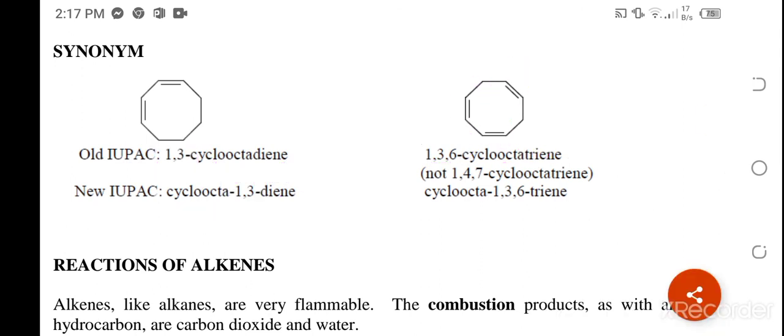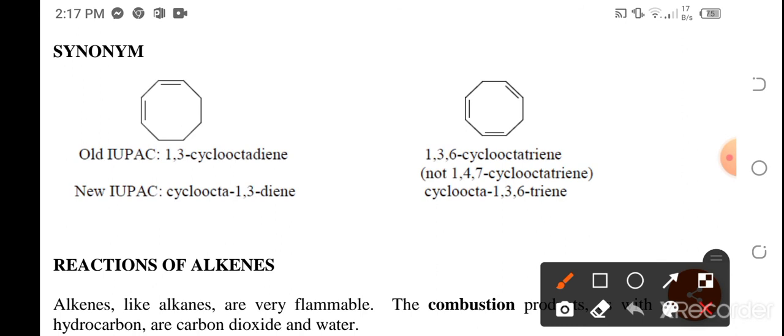Okay? Bakit sabi niyang not 147? Okay, so because we are going to choose the numbering here 1, 2, 3, 4, 5, 6, 7. That's why 1, 3, 6. Bakit daw hindi 147? Kasi mataas na yung 147 compared dun sa 146.